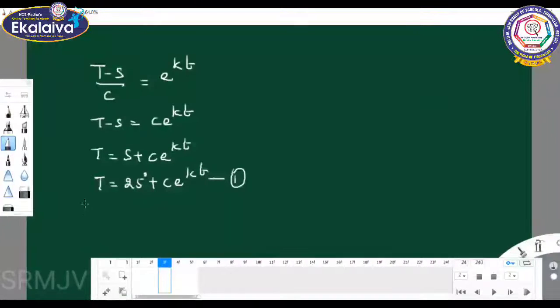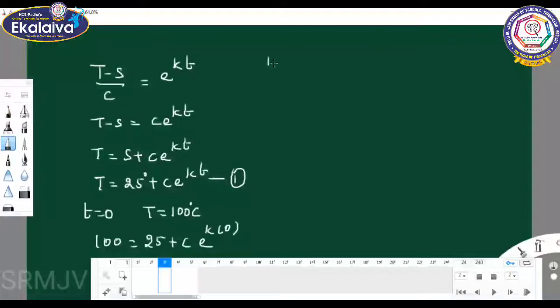When t equals 0, at the start, the temperature of the water is 100 degrees C. Substituting, 100 equals 25 plus c e power k into 0.